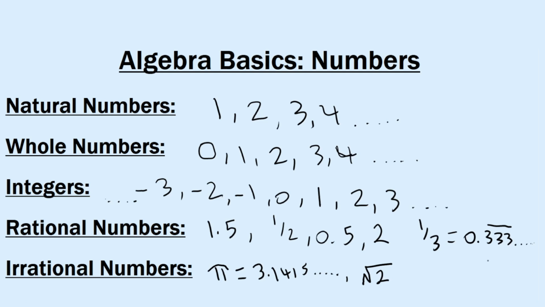This goes on forever too, but it's still a rational number. It's not irrational because it can be written as a fraction. You can express these infinite digits by writing 1 over 3. And that's the key right there. If it can be written as a fraction, it's rational. And if it can't, it's irrational. And often the irrational numbers go on forever.